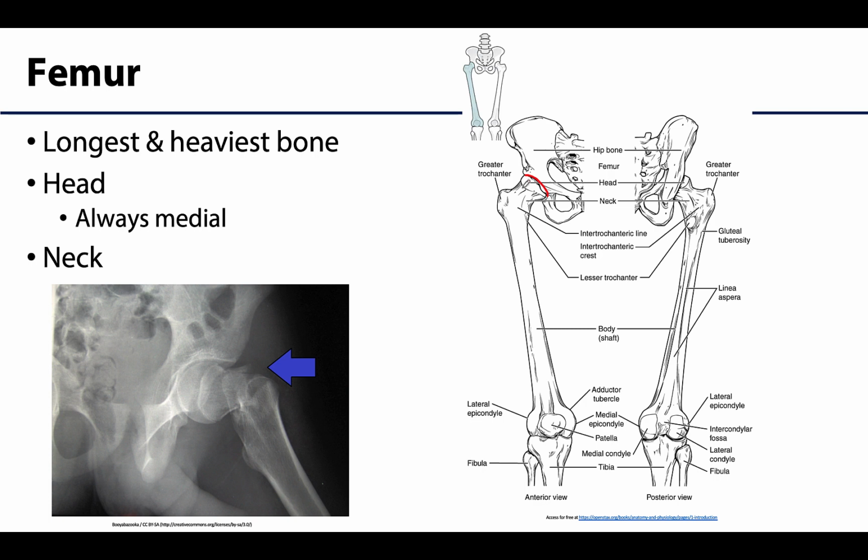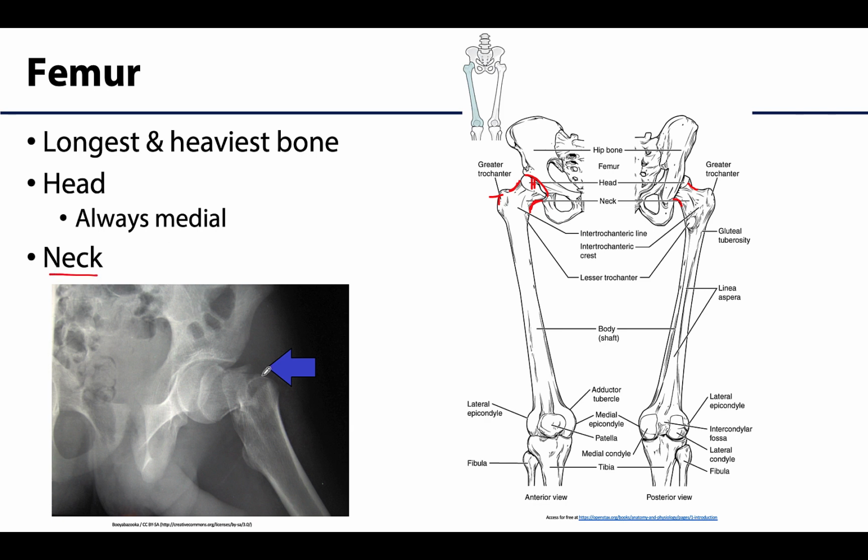Just distal to the head, you're going to have this pinched in region of the bone, which is referred to as the neck. So the neck is going to be between the head and the tubercle regions right here. And this is a relatively weak area of the bone, and it's also one of the most commonly fractured areas of the femur.